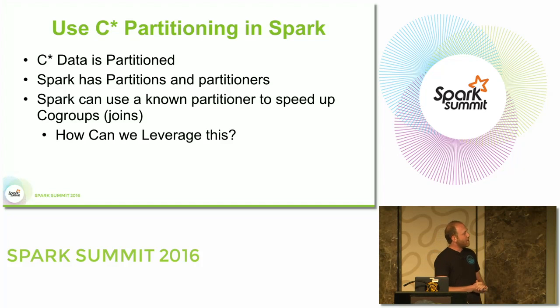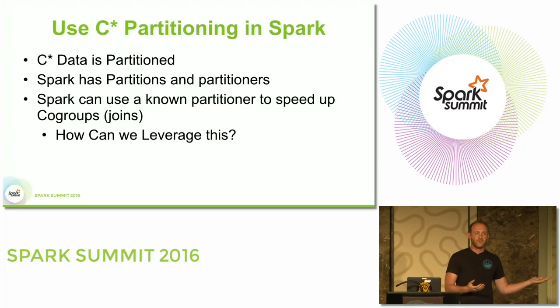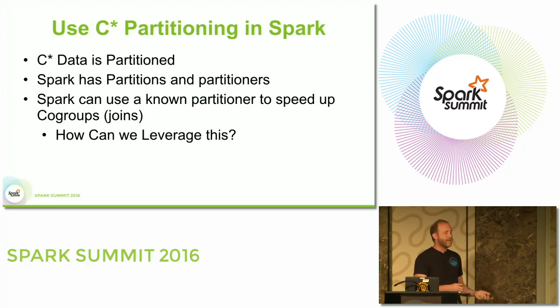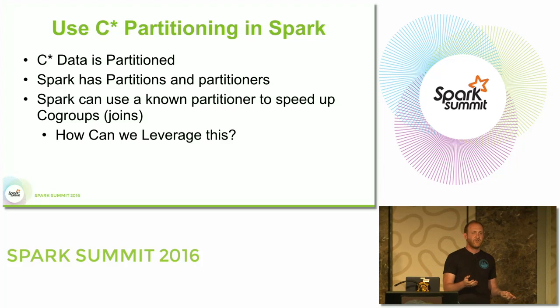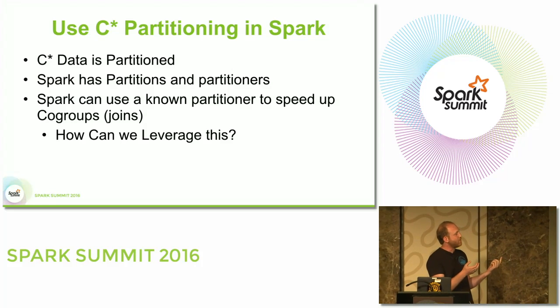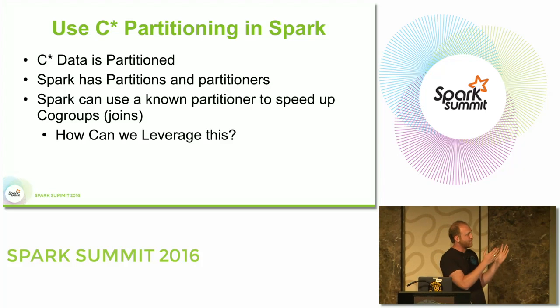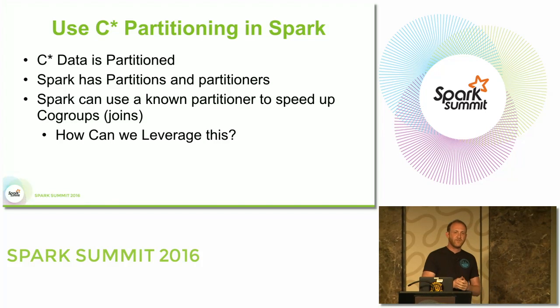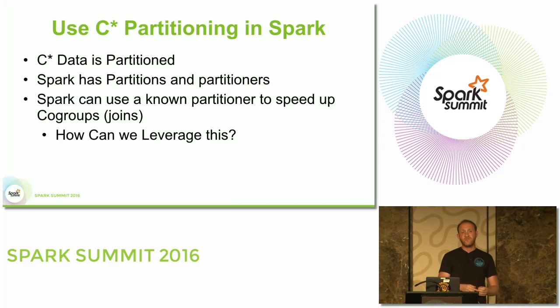Now, knowing that, we realize that there are some really obvious things here. Cassandra data is partitioned with this hashing function that we went over. Spark data can have a partitioner, which tells you which data is in which partition. We should really use the idea that Cassandra's partitioner should be in Spark. That way, when you do shuffles, when you do joins, you don't actually have to shuffle everything.